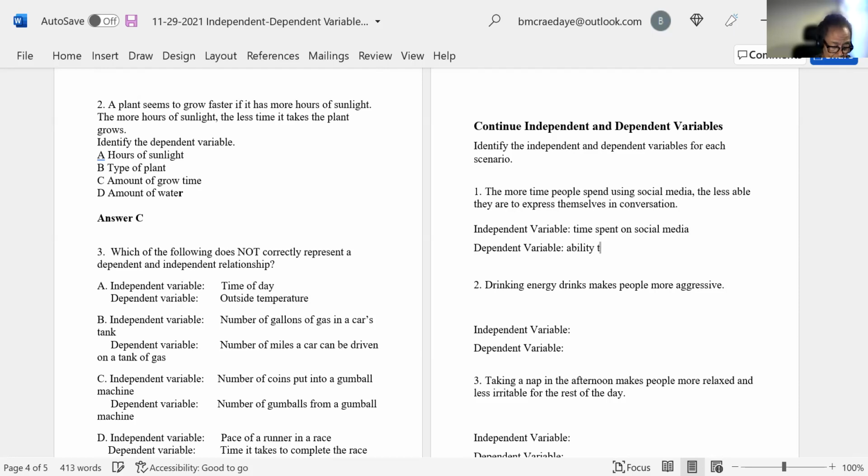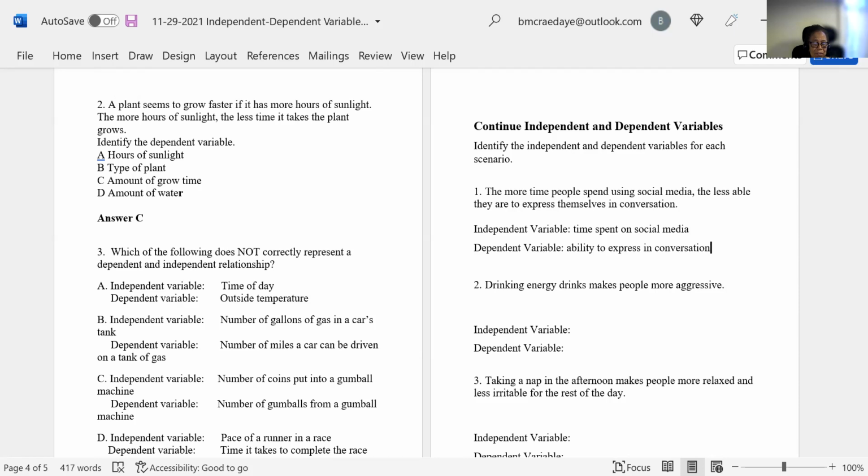Ability to express in conversation. And that's true because you see people actually on their phone texting more than you see them talking to people. If you're traveling on the bus or train, everybody's got their phones out.